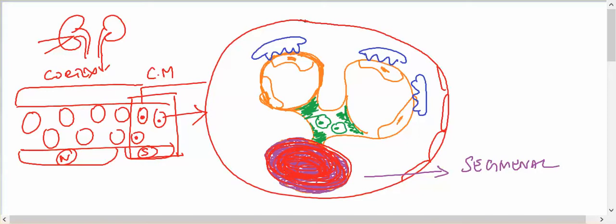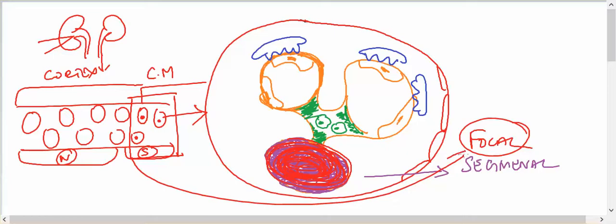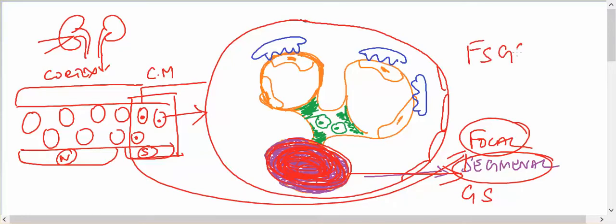So it is focal. Focal came from here, and segmental came from here, and it is a glomerulosclerosis. So it is FSGS, focal segmental glomerulosclerosis, because there is also a disease called diffuse segmental glomerulosclerosis.